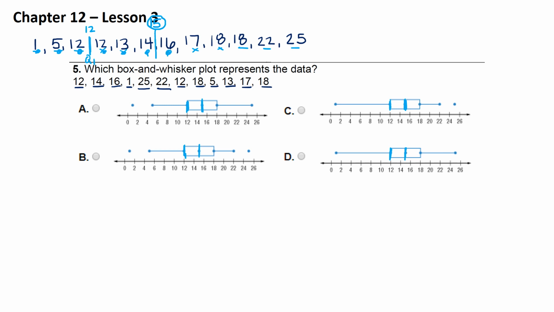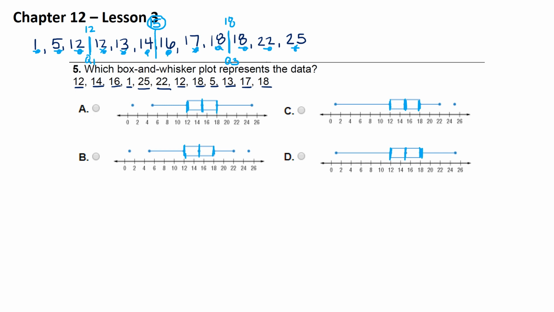Left, left, left, right, right, right, and quartile 3 is what's between 18 and 18? 18. And quartile 3 for A is 18. Same with B, C, and D.